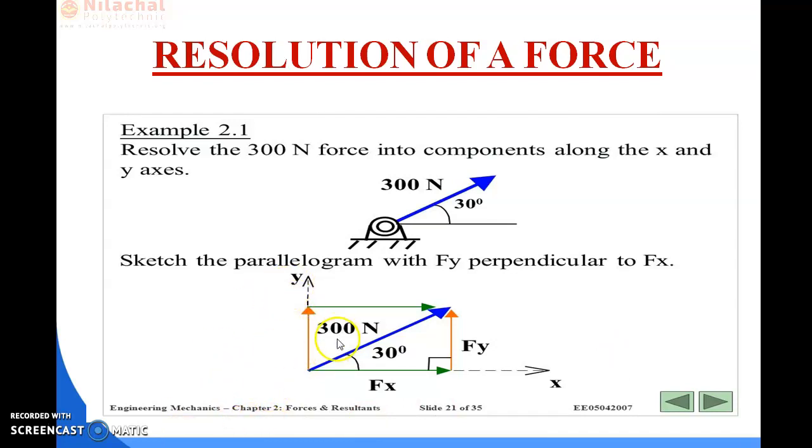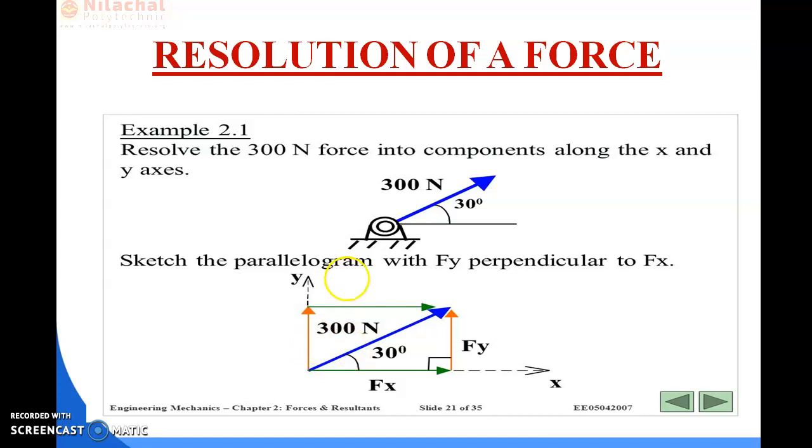The force is acting in this direction in the above diagram, and the angle with respect to the x-axis is 30 and the force is 300 Newton. So the force acting here is Fx, and in this direction it is Fy, and this is only the diagram of splitting of components.